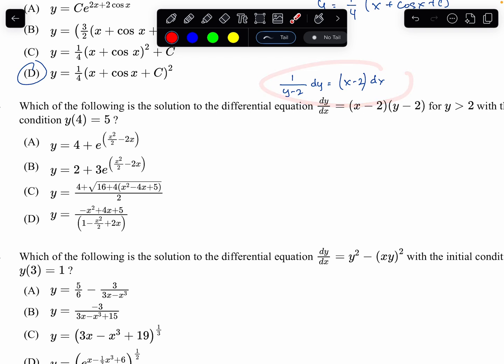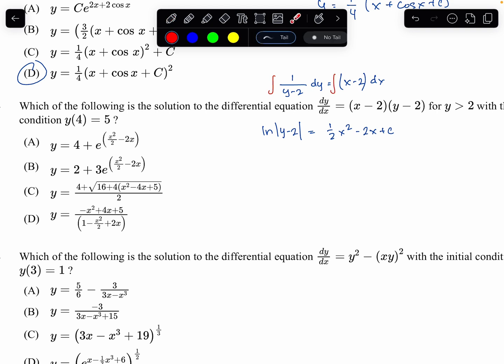This is much easier because the antiderivative of this, if I have a constant over a linear factor, the antiderivative is the natural log of y minus 2, and then that will be equal to 1/2 x squared minus 2x plus c. Can't forget this right there, right?